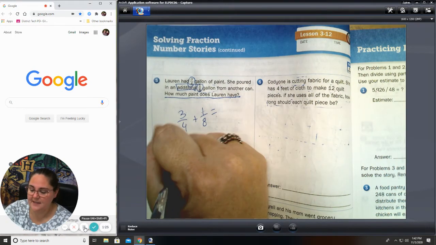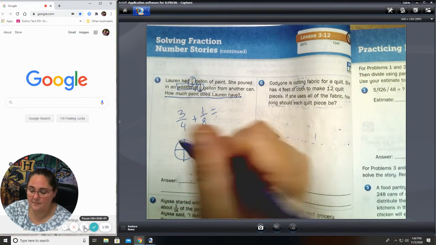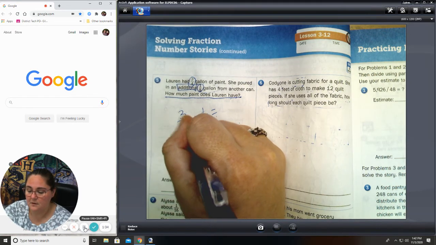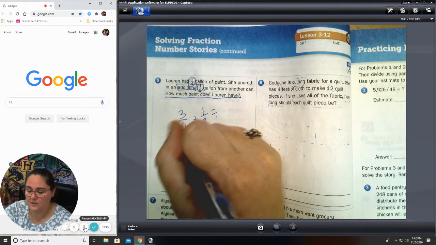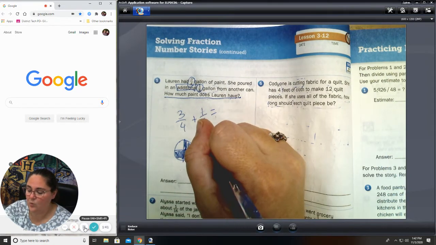So what I would do is I would shade my circle, and I would show you 3/4. 1, 2, 3. And then I'm going to add 1/8.